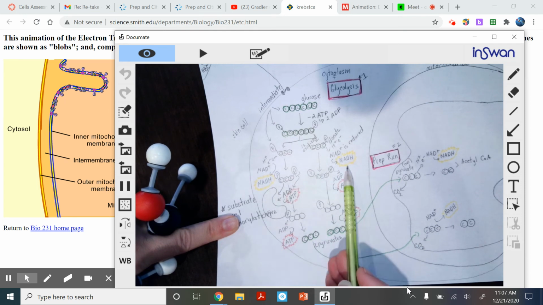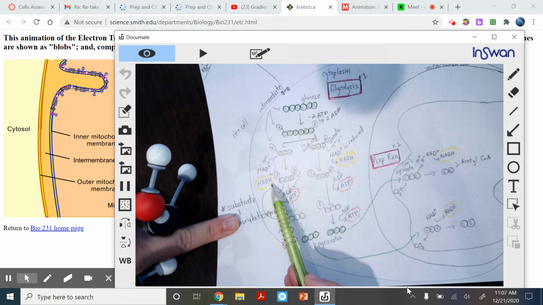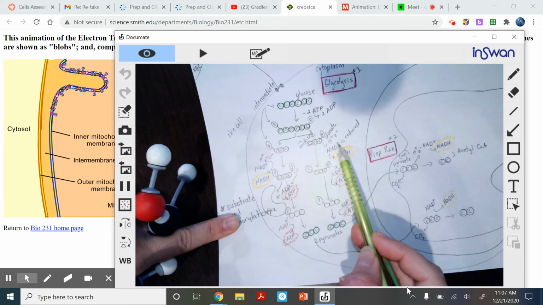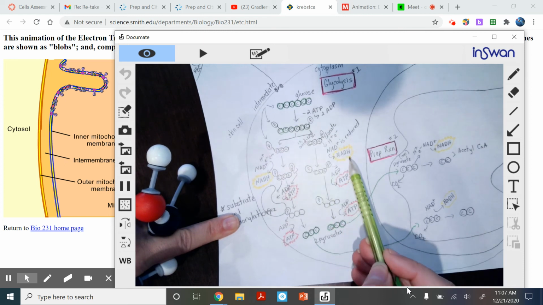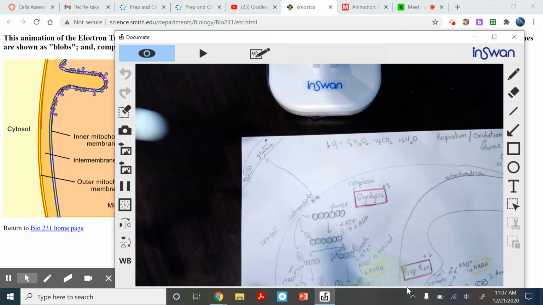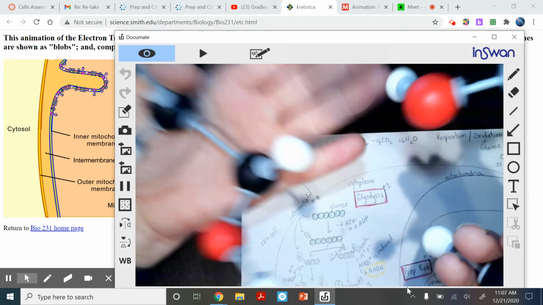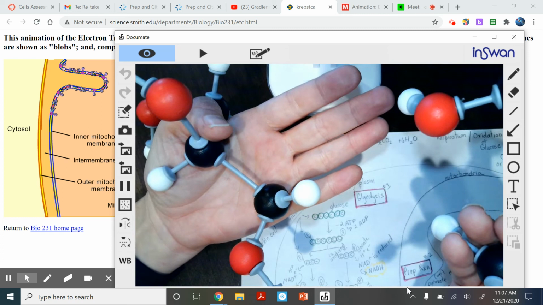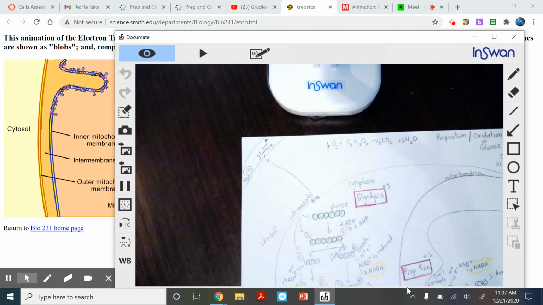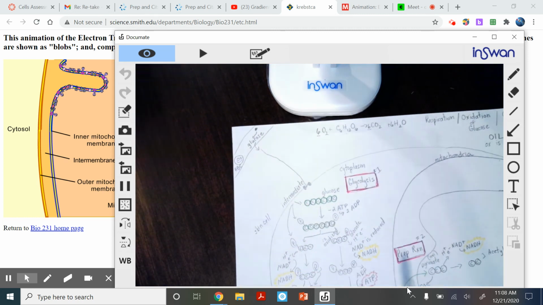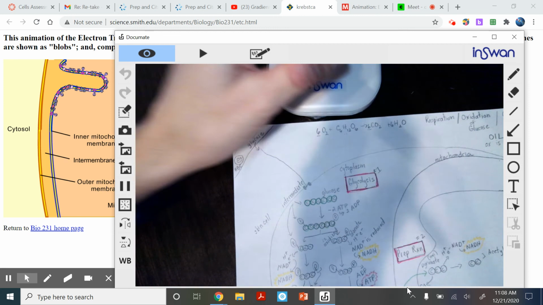See that right here? We pulled off an H, we put it here. We pulled off another H, put it here. So my pyruvates, when I add them all up, should have 10 hydrogens out of the 12. 2 are gone. We put them on these carriers.